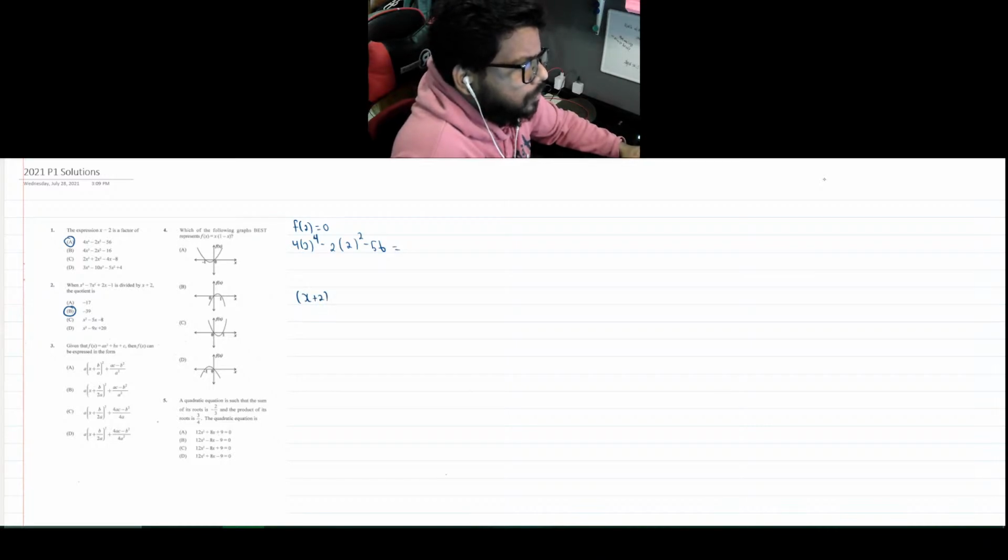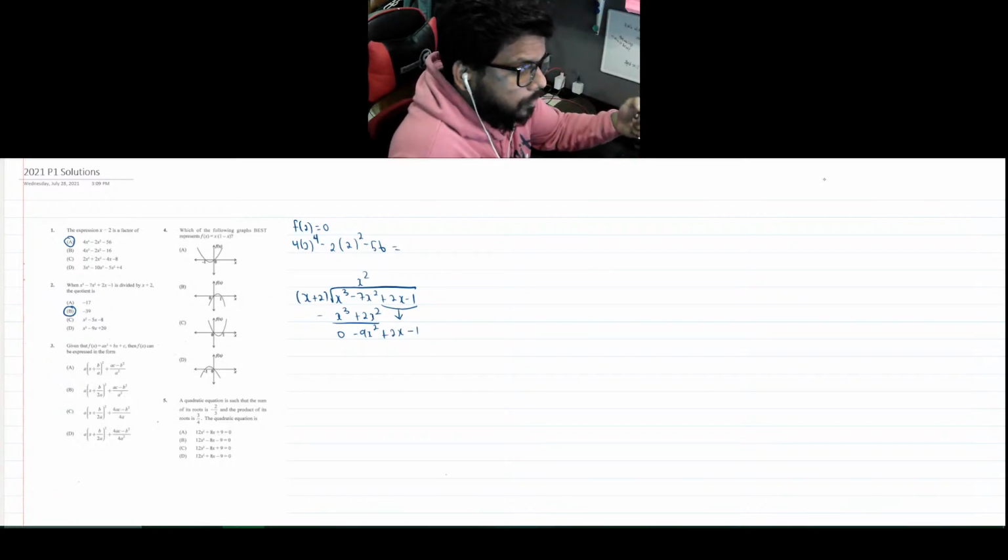x plus 2 into x cubed minus 7x squared plus 2x minus 1. x squared, we get x cubed plus 2x squared, take away, we get 0, minus 7 minus 2, minus 9x squared, bring this down, plus 2x minus 1. So once I figure out the next term, I can decide whether it's C or D. It could be minus 9x.